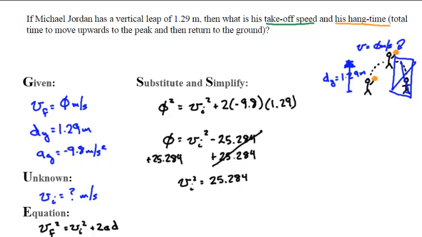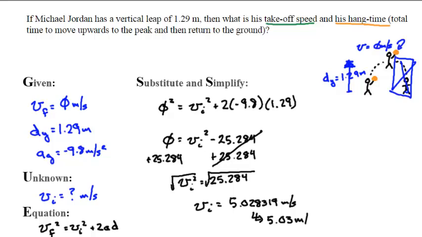But this pesky square, I'm going to take the square root. My velocity initial equals 5.02839 meters per second. The correct number of significant figures is 3, so 5.03 meters per second.